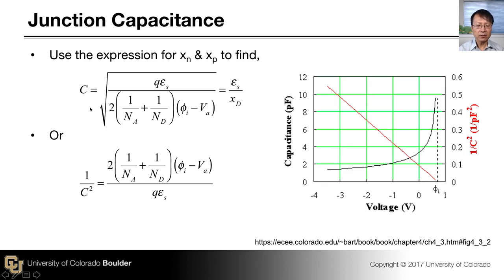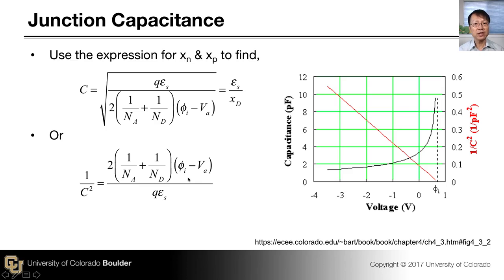Now, the capacitance C is proportional to the square root of 1 over the applied voltage. So if you plot the applied voltage with respect to 1 over C squared, then you get a straight line, as shown here in the red curve, and the slope of this curve is related to the doping density, and the x-intercept is the built-in potential.